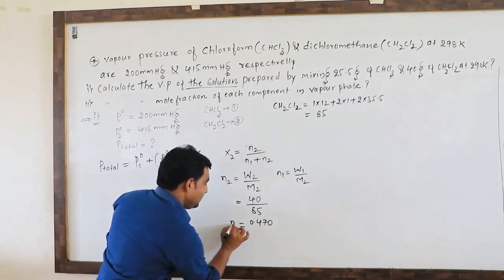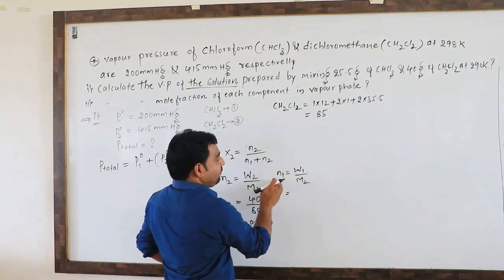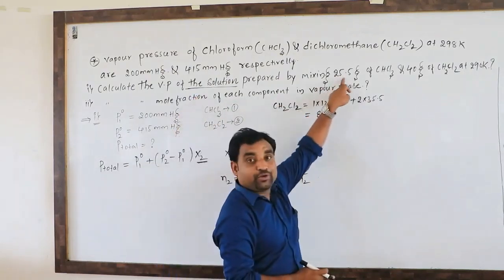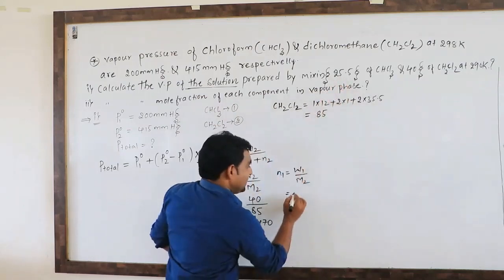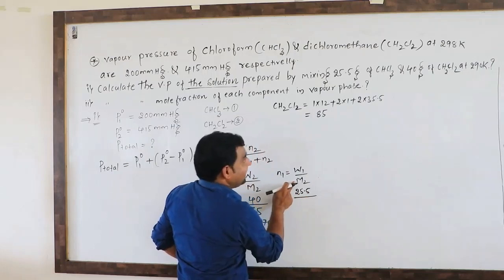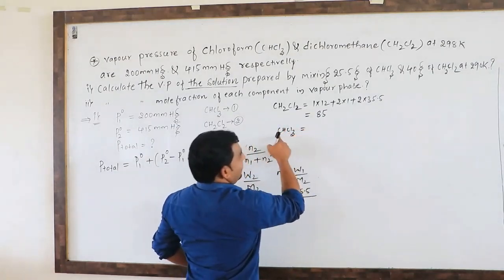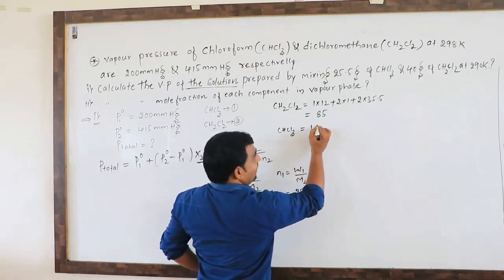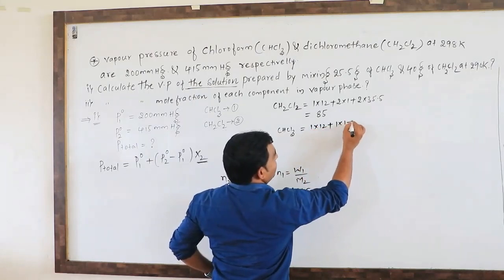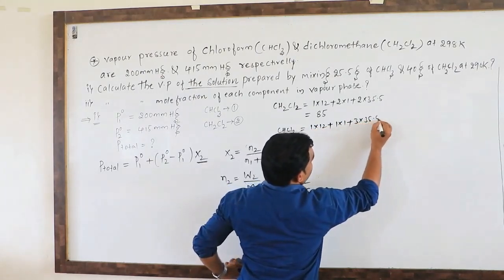This is N2. And N1 is equal to the weight of the first component, CHCl3. How much did they give? 25.5 gram divided by the molar mass of CHCl3, chloroform. 1 carbon atom will be there. 1 into 12 plus 1 into 1 plus 3 into 35.5.